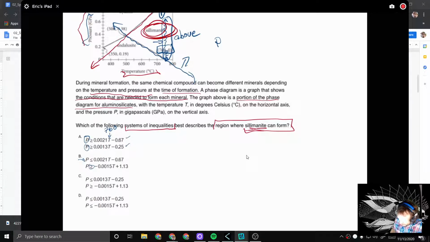These I can eliminate right off the bat without even looking at them, because there's nothing where if I plug 760 in for the temperature, I have this particular number line corresponding to all of the pressures being greater than 0.